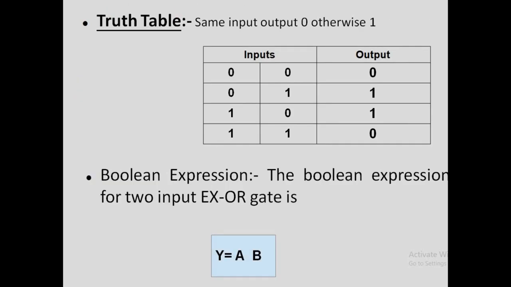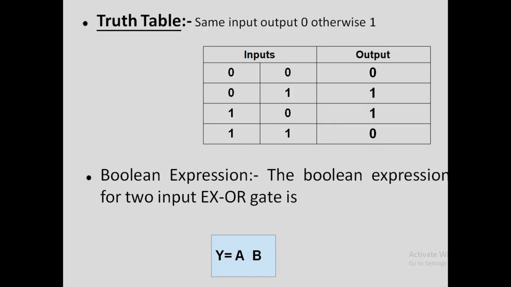Now logical symbol. Next is truth table. Truth table for XOR gate. In this, for 2 inputs, there are 4 combinations: 0 0, 0 1, 1 0, 1 1, and at the output we can see if inputs are different, then output is 1, otherwise output is 0.